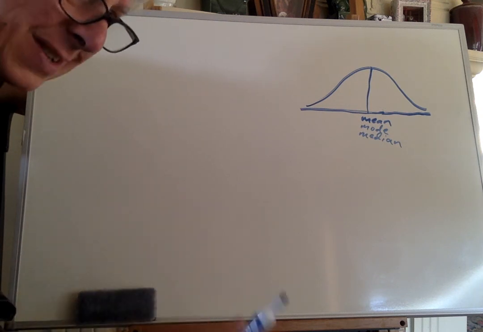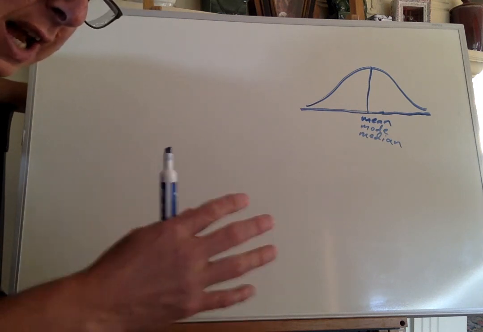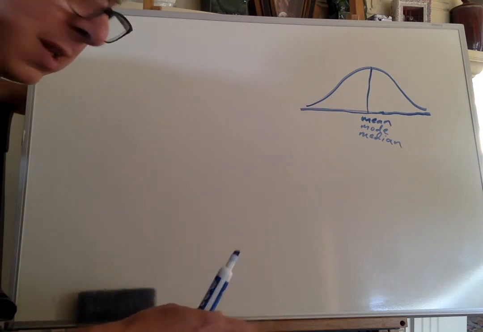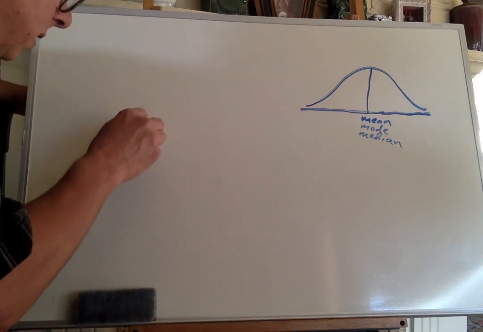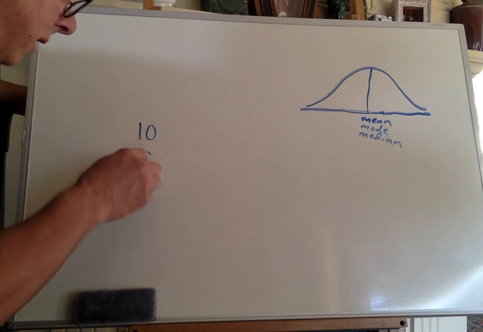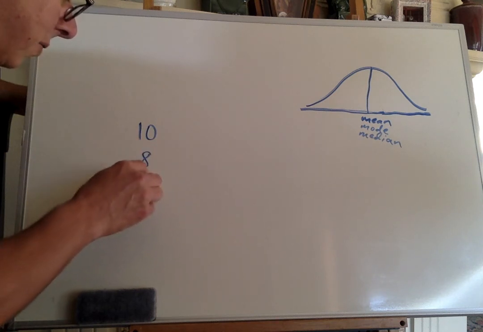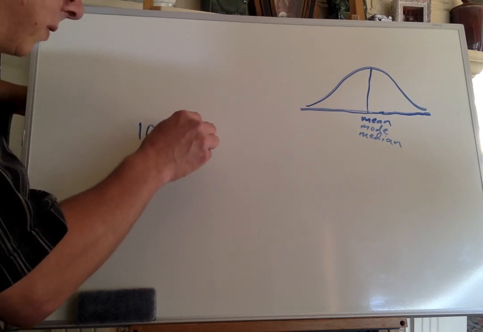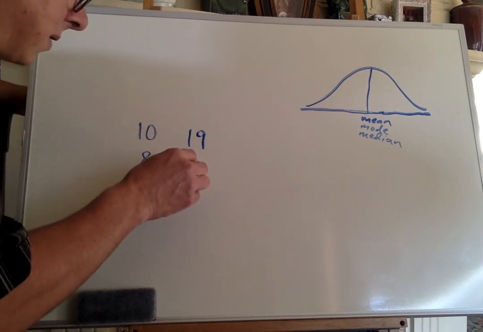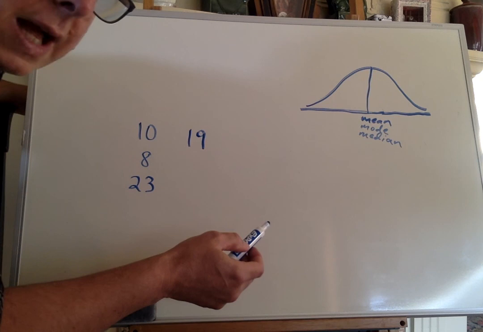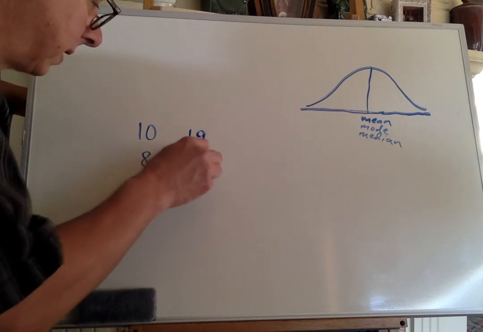And that's called latency to drink. And so it's an hour-long test, so it's 60 minutes. So some rats would drink after 10 minutes, and some rats would drink after 8 minutes, and some rats would drink after 23 minutes, and some rats would drink after 19 minutes, and some rats wouldn't drink for the whole hour. So it's 60 minutes plus.